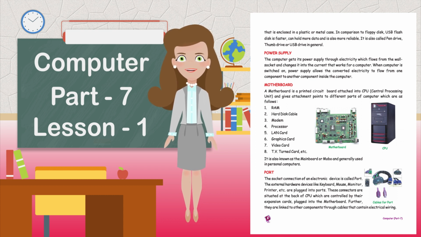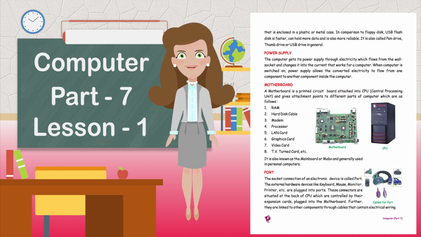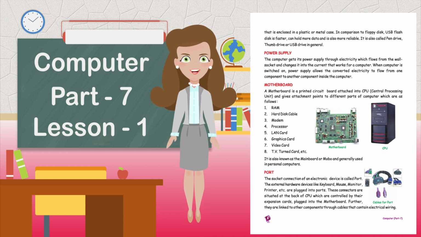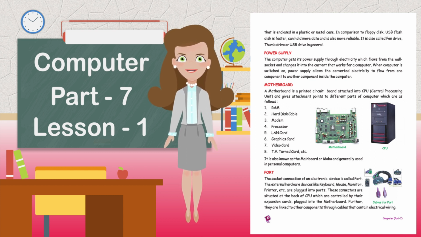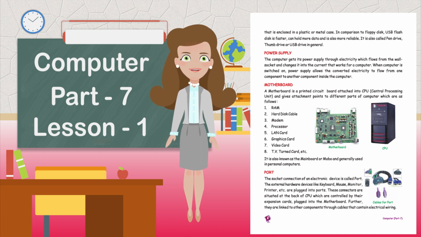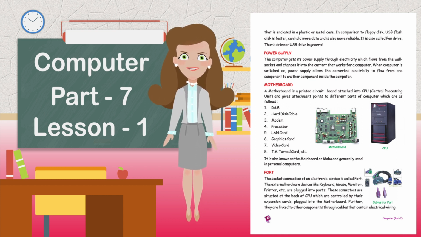In comparison to a floppy disk, a USB flash disk is faster, can hold more data and is also more reliable. It is also called pen drive, thumb drive or USB drive in general.